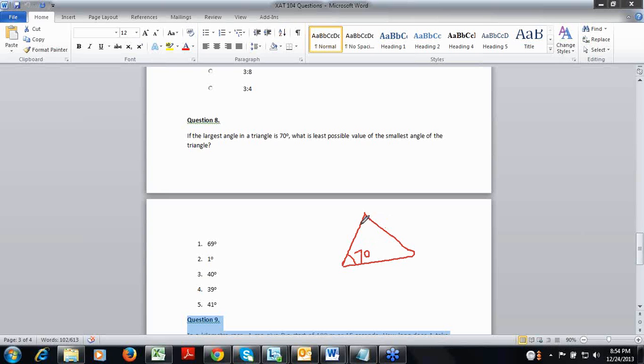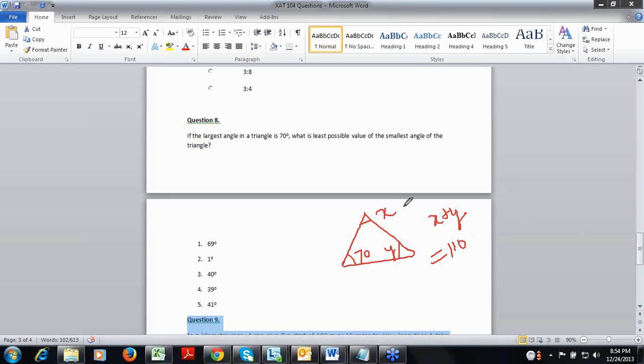This is the least value of the smallest angle. This is x, say. This is y. Okay. X plus y is 110. Okay. This much is clear.